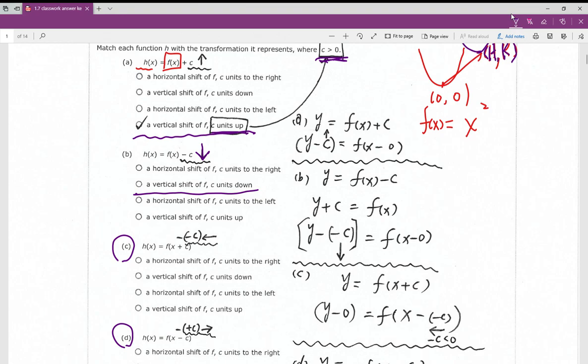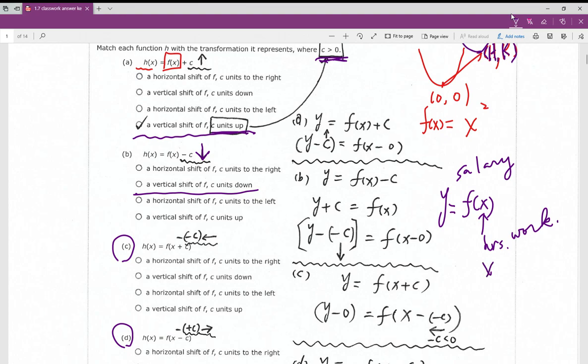If you have parent function f of x, okay, so you say this is your salary and x hours you work. So if you work x hours, your company will pay you y dollars.